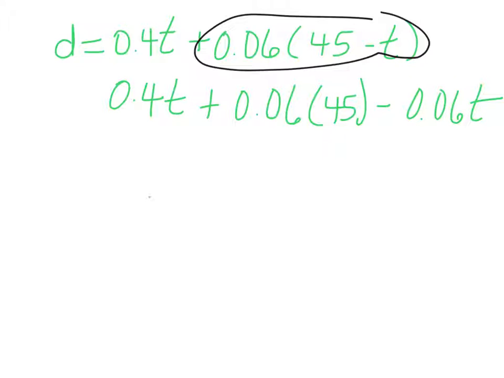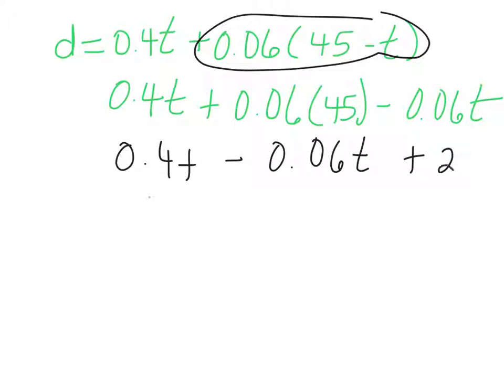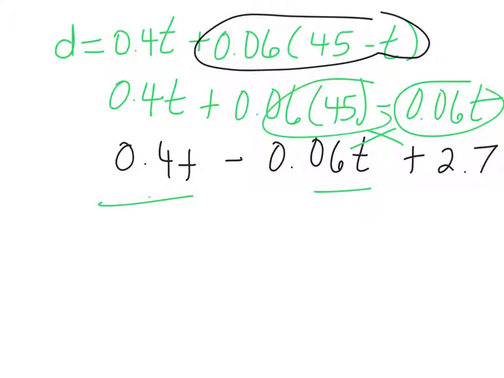Now I can multiply, and I will have 0.4t. Oh, that's a t, not an f. Sorry. Minus 0.06t plus 2.7. And you can note that I changed the order of these two so that I could get my like terms together.